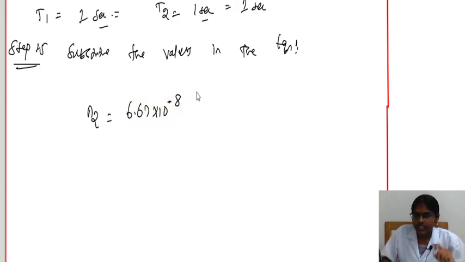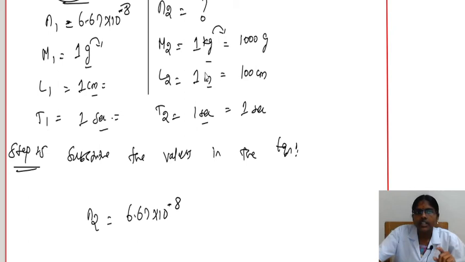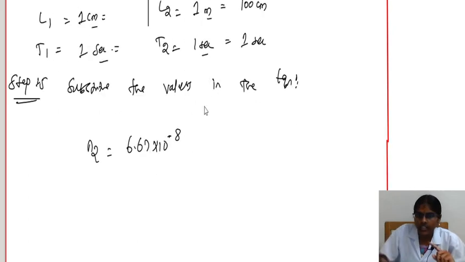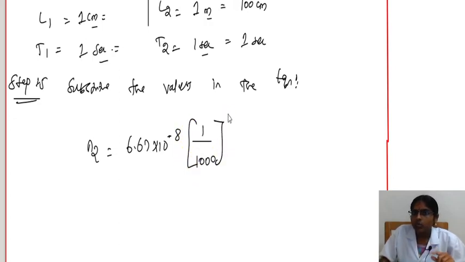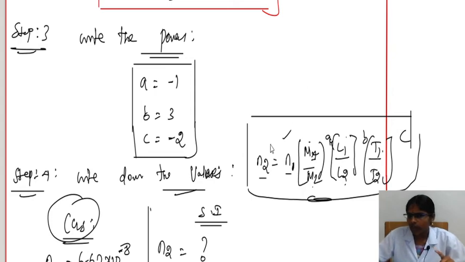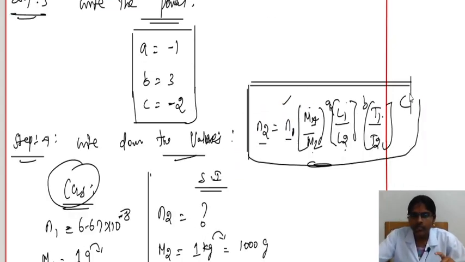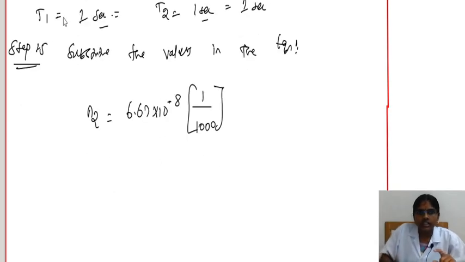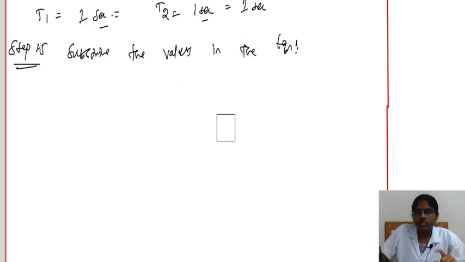And M1 by M2, what is M1? You can see here, it is 1 gram. M2 is 1000 gram, so I can write 1 by 1000. And what is power A? Power A is minus 1. I am not doing anything, I am just substituting the values in the formula. If it is confusing, I will write the formula first, then substitute.